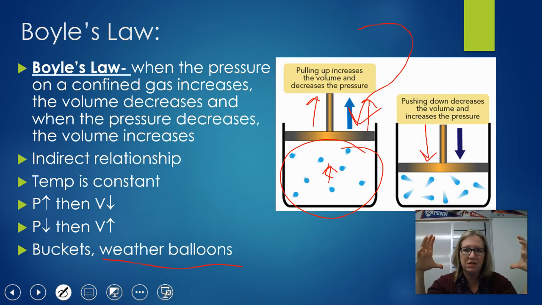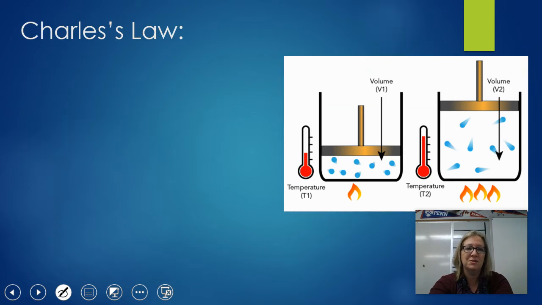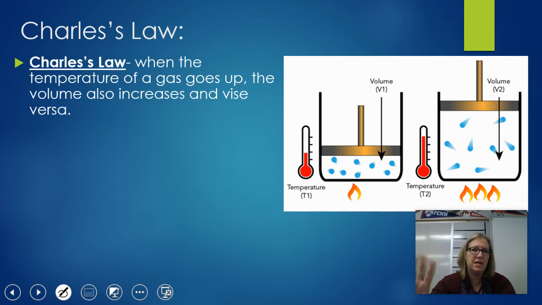The volume will increase, and it'll keep doing that until eventually it pops. That's what brings the weather balloon and all its instruments back down to Earth. People will do this with GoPro videos, and they can retrieve the footage. They know that it's going to pop eventually because the balloon will only stretch so far, and then it comes back to Earth.